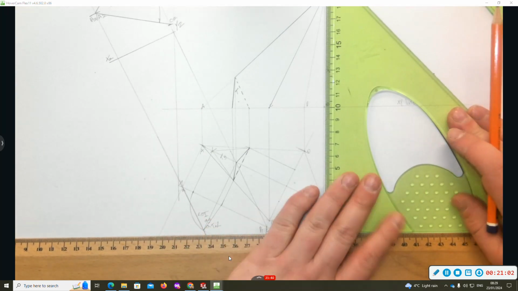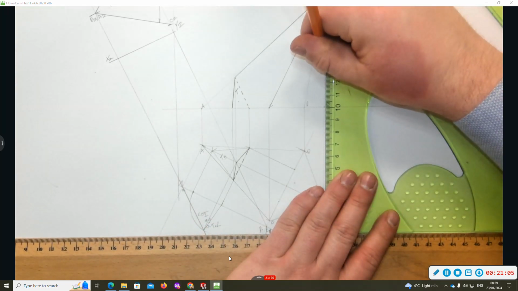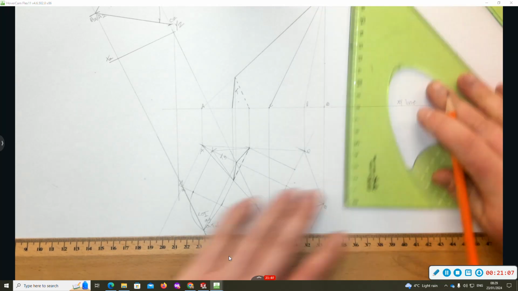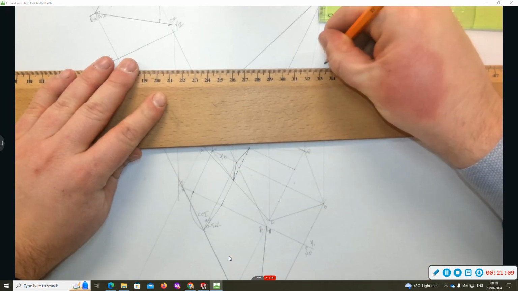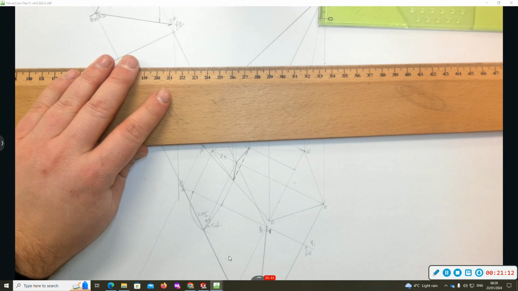So I'm going to go up 35. I'm going to draw a horizontal line across.